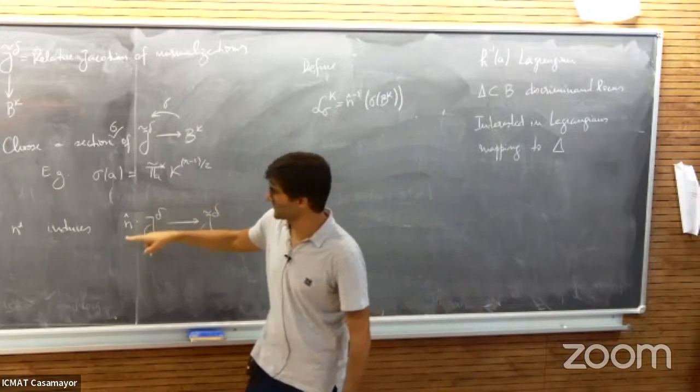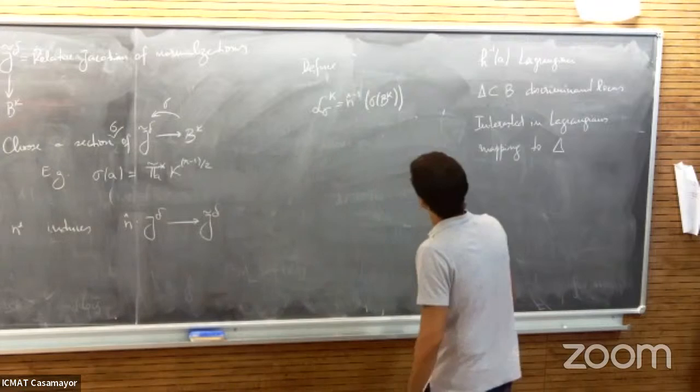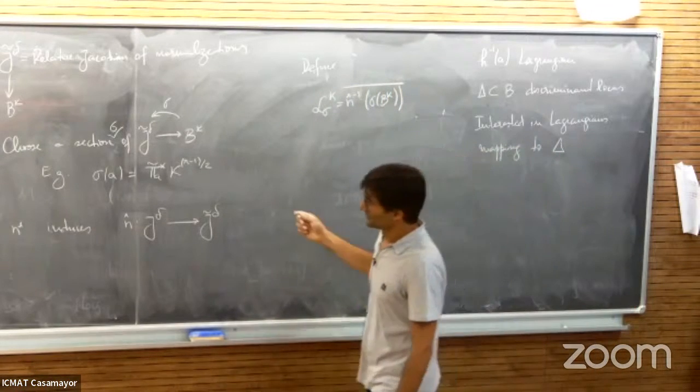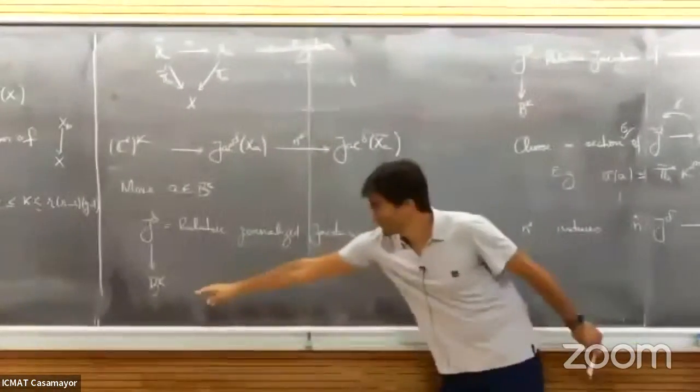So this family of generalized Jacobians is inside the moduli space. That's the spectral correspondence. And now close it. I'm taking the closure here and on the base.